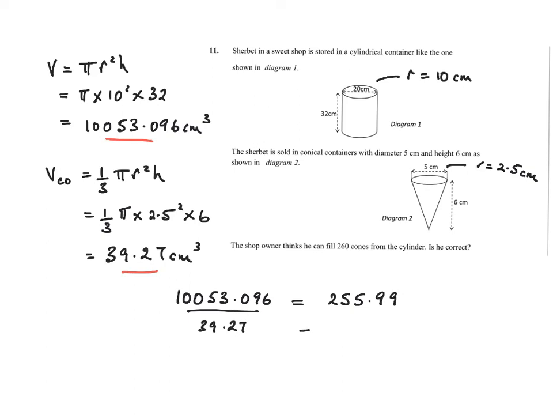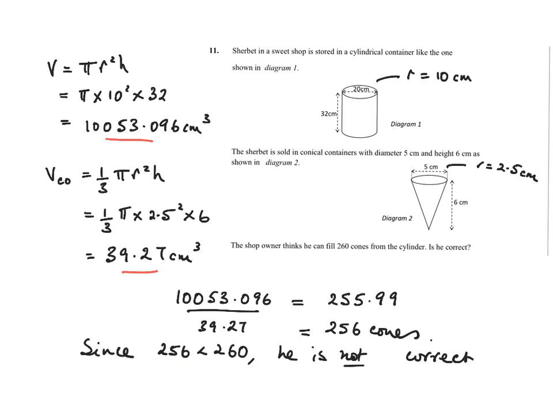Which we could round up, I suppose. Could we round up, or would we have to round down? Well, we don't really have enough for 256. However, let's round it to 256 cones. Now, since 256 is less than 260, he is not correct. Make sure you give a full answer.